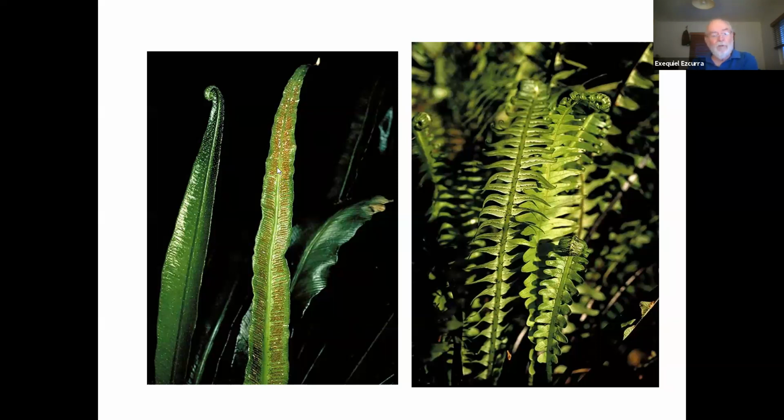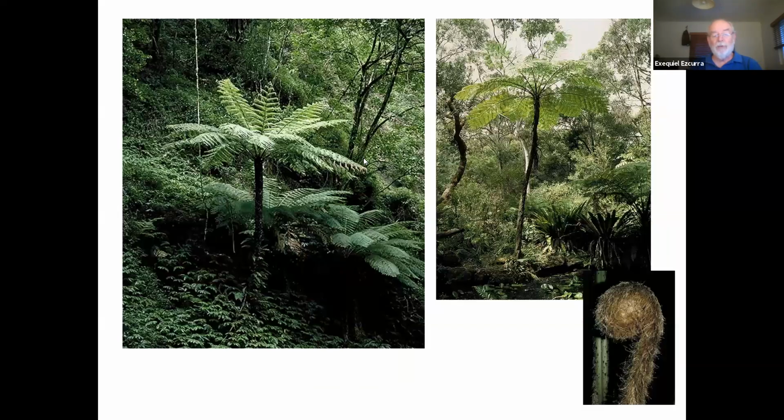Ferns were on Earth for quite a long time, as a matter of fact. Well, they still are, but they were dominant plants on Earth for hundreds of millions of years before the gymnosperms became dominant. So somewhere between 300 and 200 million years before present, ferns were really the dominant type of life on Earth.